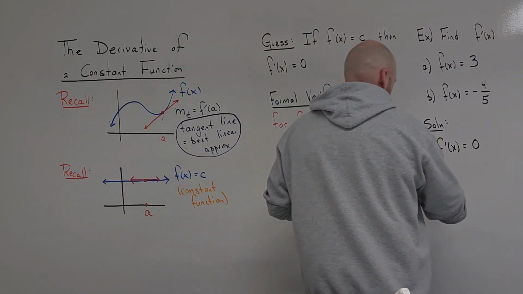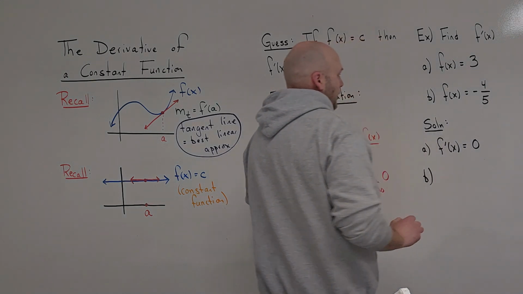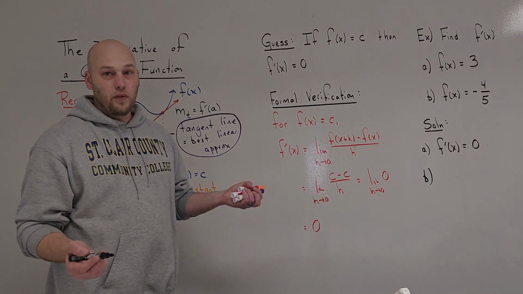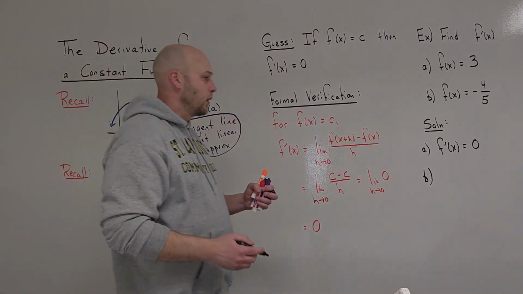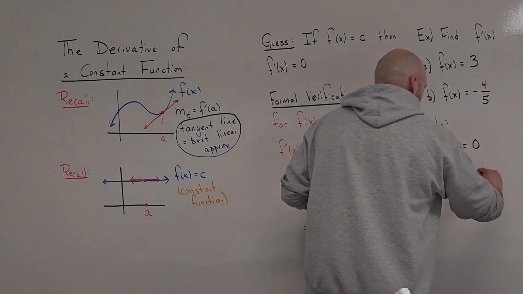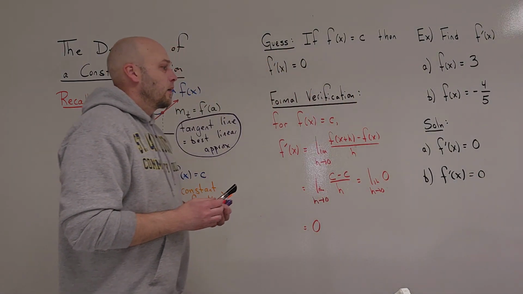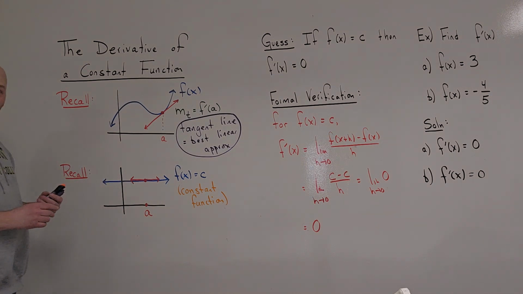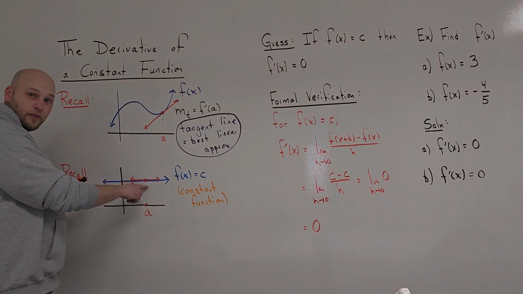Part B. If the function is negative 4/5, what's the derivative? Well, it would be 0. So f prime is equal to 0.